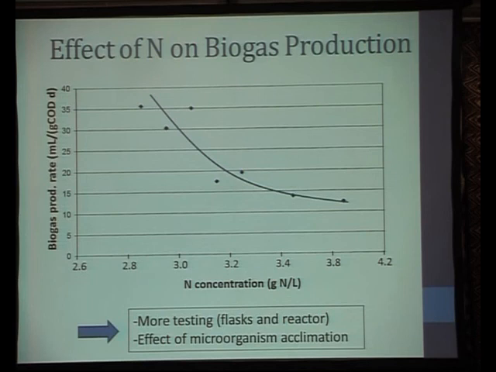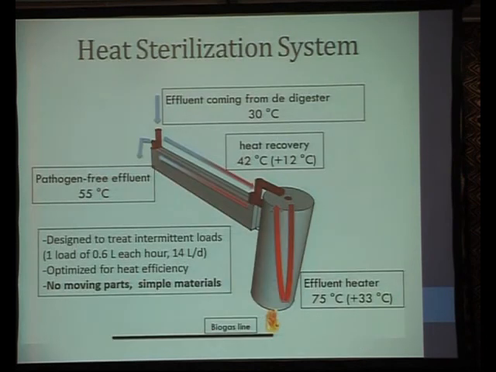We want to reduce and test at higher concentrations and continue some testing with the digester to solidify those numbers. We're also interested in the effect of acclimation of bacteria to higher concentration of nitrogen. So that's ongoing. I'm going to switch gears here and talk about our heat sterilization system.